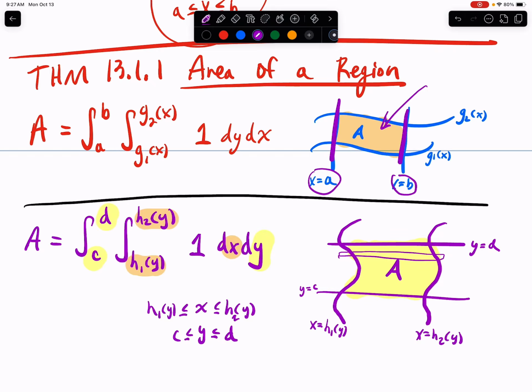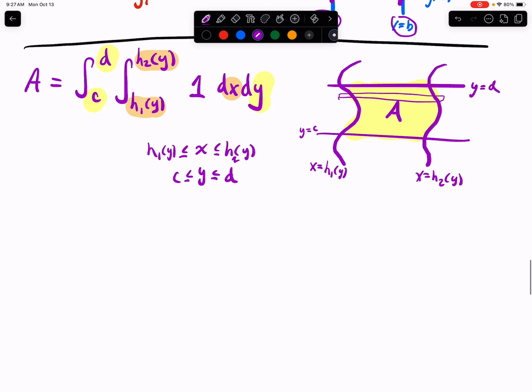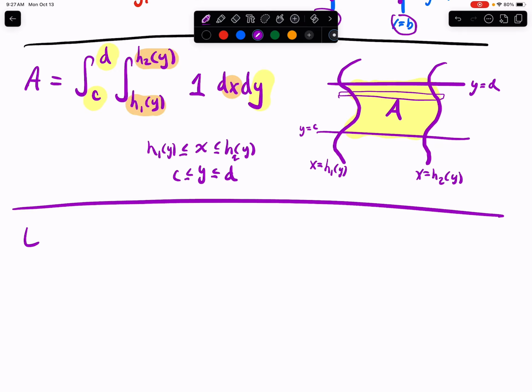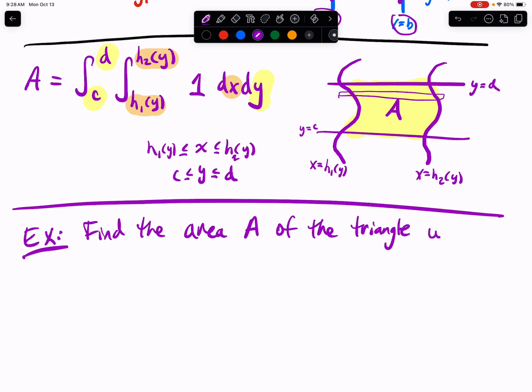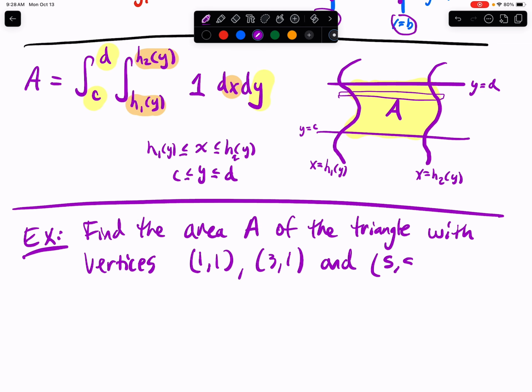All right, so let's do an example. We're going to find the area A of the triangle with vertices (1,1), (3,1), and (5,5).